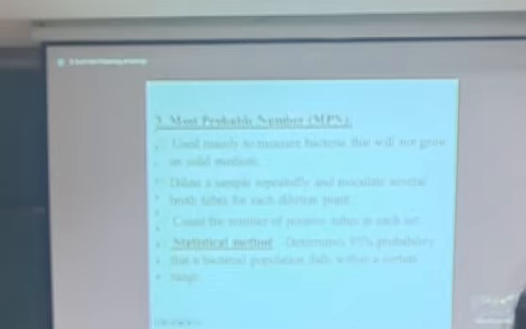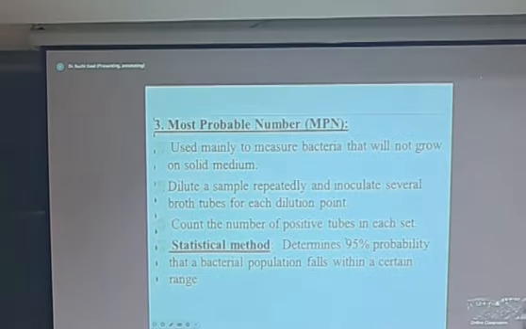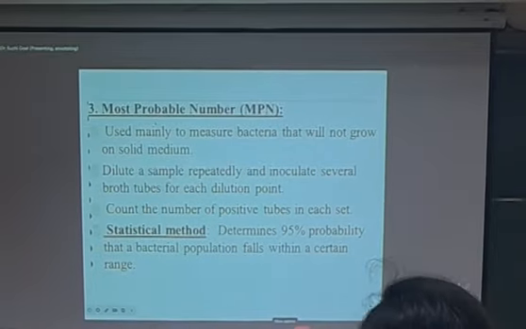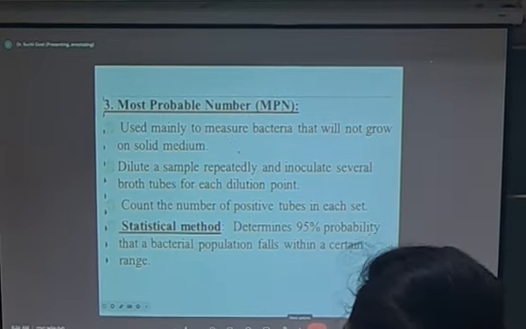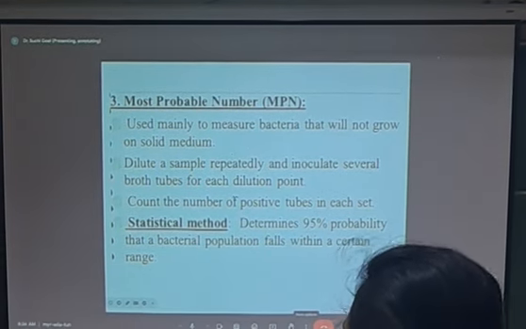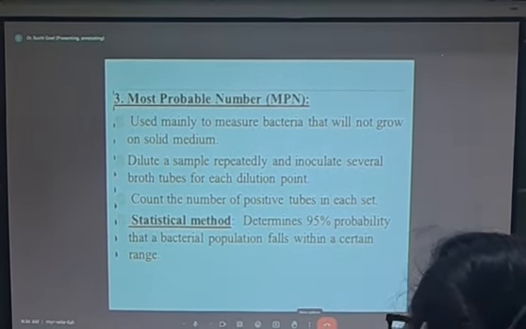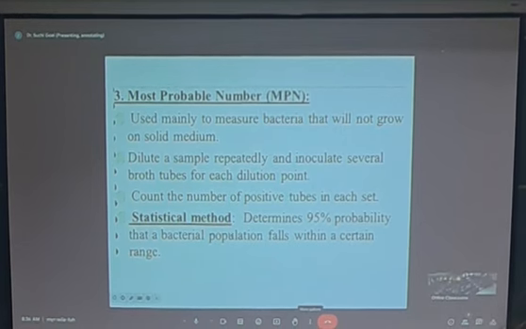In this case, what we do is we dilute the sample repeatedly and we inoculate several tubes for each dilution point, and we count the number of positive tubes in each set. This is actually the industrial method which is used to count the amount of bacterial load in a sample. And this is a very statistical method.